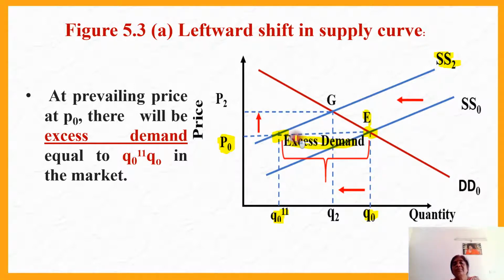Therefore, what situation arises here? Excess demand arises. The excess demand at the prevailing market price P0 can be denoted by Q0 double dash Q0. That is what describes excess demand.